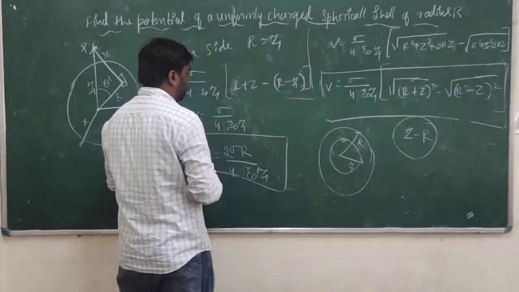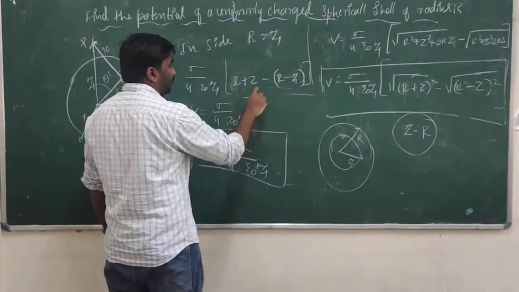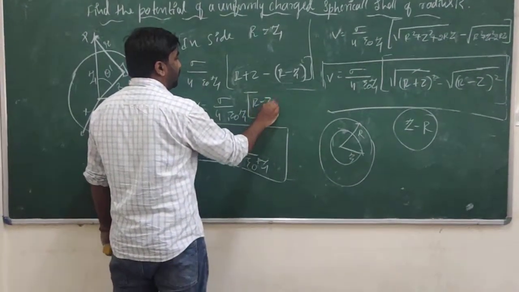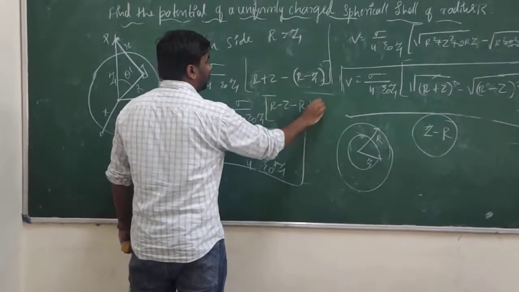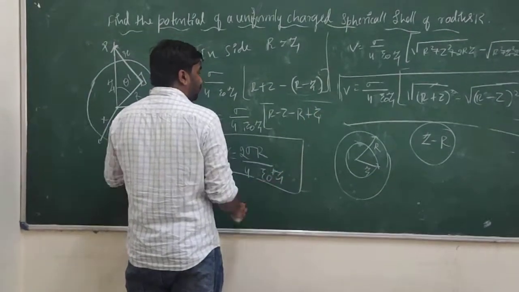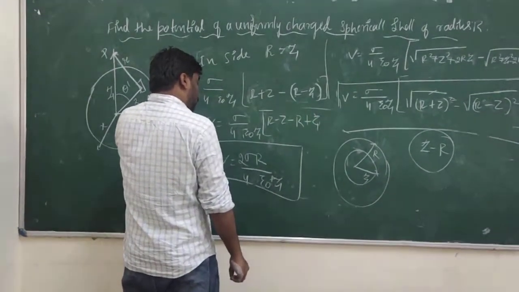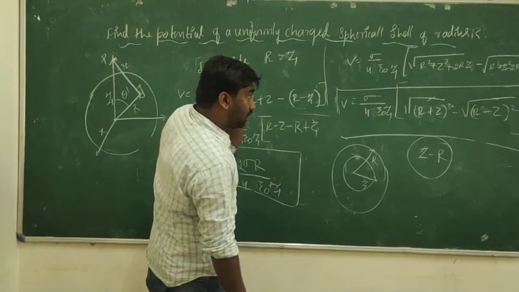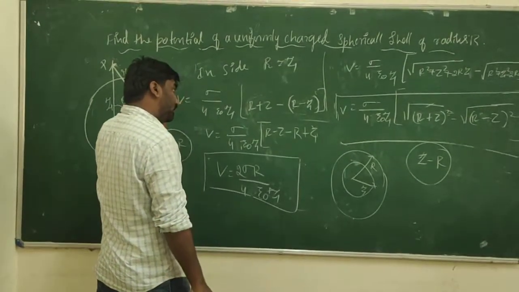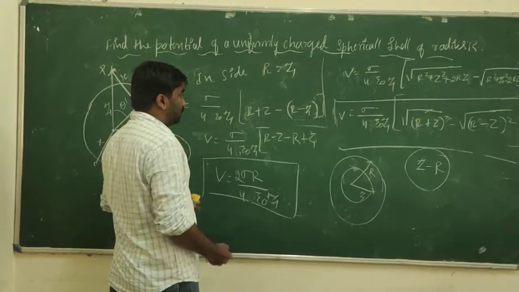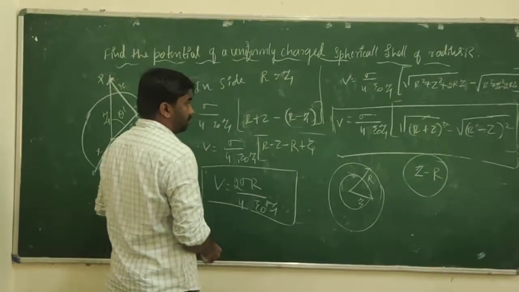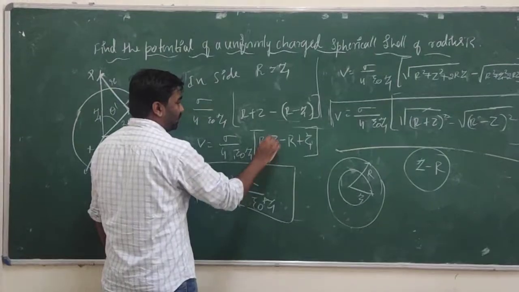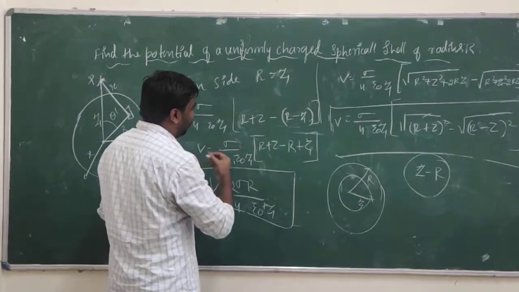Next, r plus z minus, minus into minus is plus, so r plus z minus r plus z.